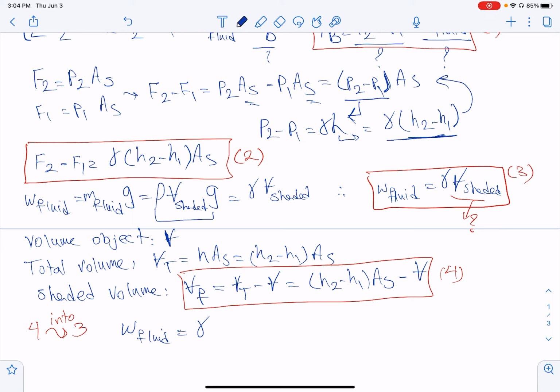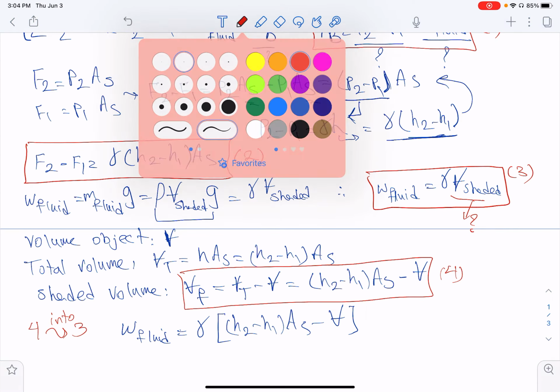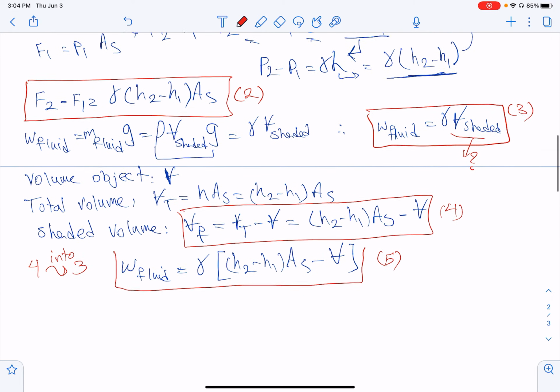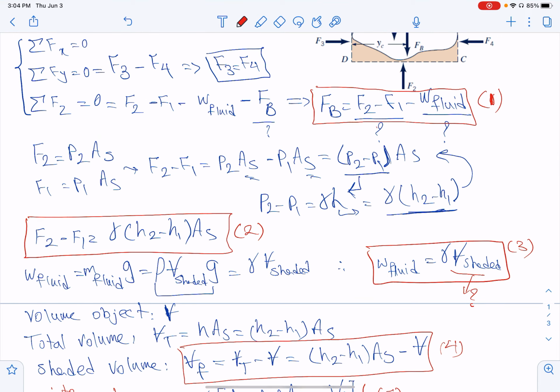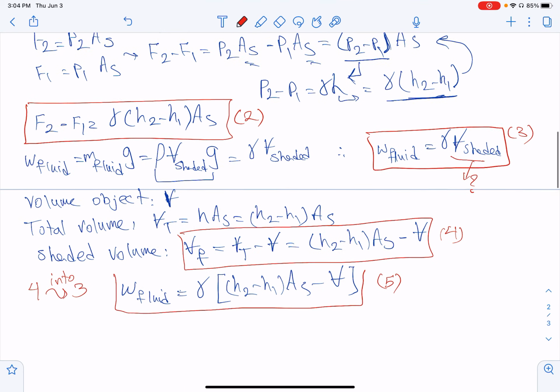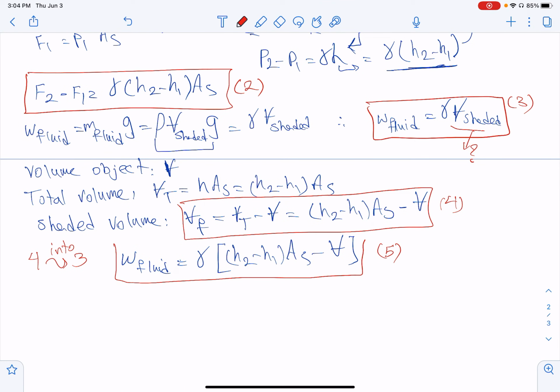So we have gamma, and the volume of the shaded region is going to be H2 minus H1 times AS minus the volume of the object, right? So let's call this equation number 5. So now we know both F2 minus F1 and the weight of the fluid, which are equation number 2 and equation number 5. So let's plug these two into equation number 1, right?